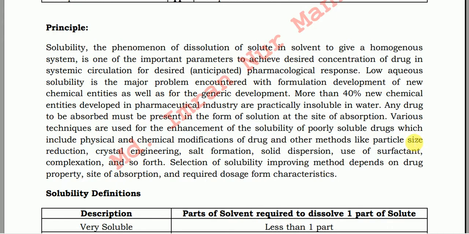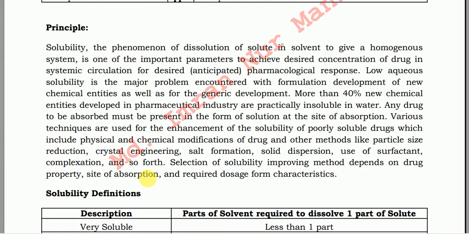For example, whether we should use particle size reduction or salt formation depends upon the property of the drug, the type of drug we are using, where the drug is to be absorbed, whether it is orally administered, or applied on the upper surface of our body, or topically applied, like a gel or cream or ointment, whatever the form of the drug.